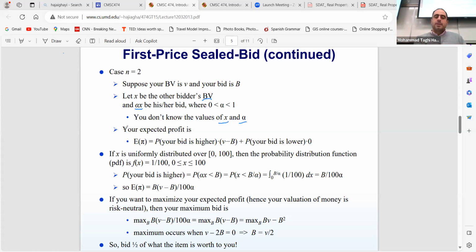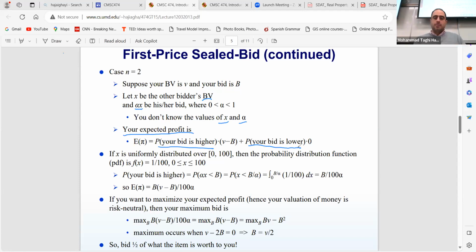Let's see what your expected profit is. It is the probability that your bid is higher than the other person's, times V minus B, because that's the profit you get, plus the probability that your bid is lower times 0, since in that case you don't get anything.